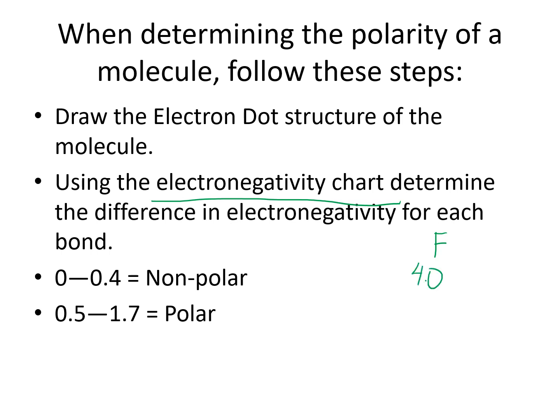So depending on which other elements are involved, when you subtract them, if you get a number between 0 and 0.4, it will be considered a non-polar bond. But if you get one from 0.5 to 1.7, it will be considered polar. If you get one that is greater than 1.7, that would mean it is ionic or polar ionic.